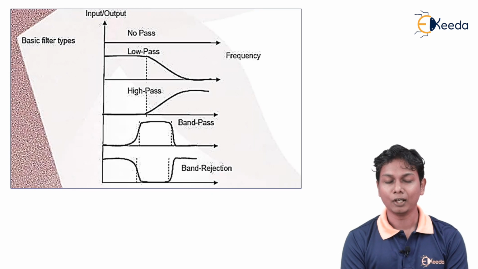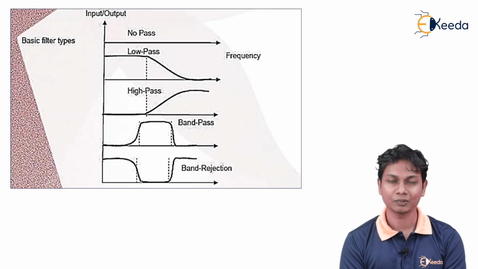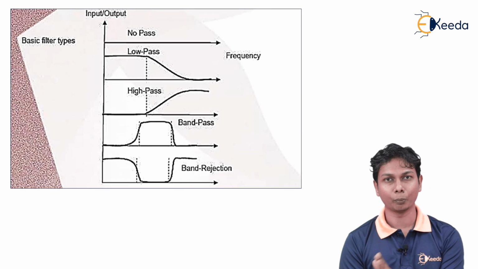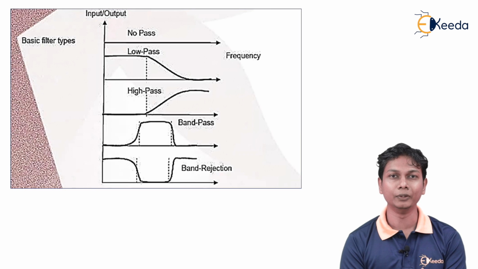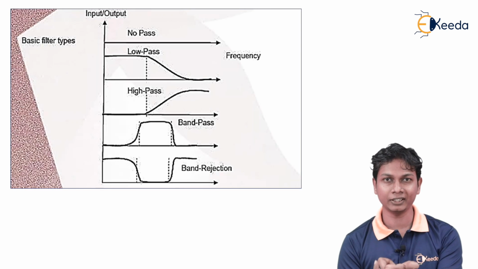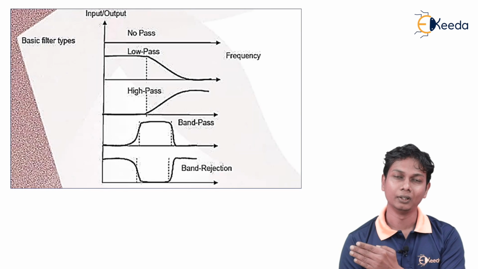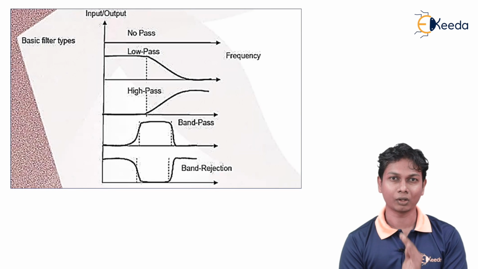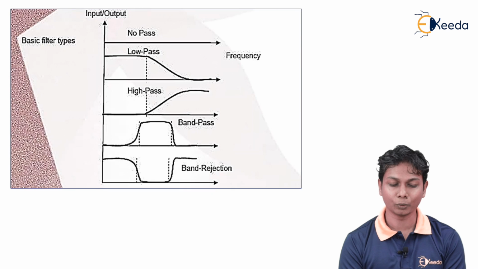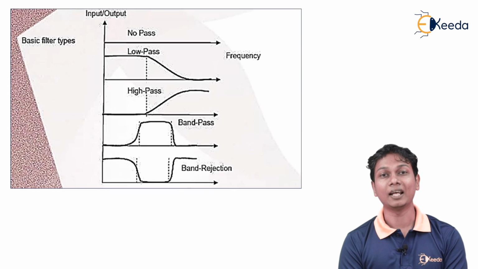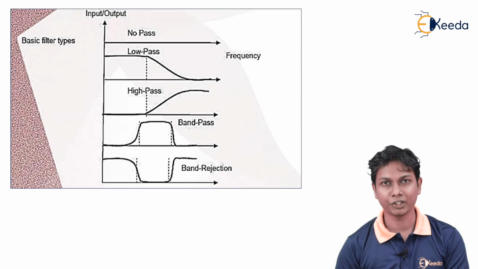In the same way, the band rejection filter: one particular range from minimum to maximum is decided and that has to be removed, and other frequencies are accepted, and that is called a band rejection filter.